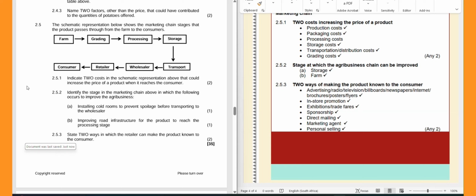Letter B, improving road infrastructure for the produce to reach the processing stage. For example, let's say we were milking those cows, then now we want to transport the milk from the milking facilities to where we will process that milk, right?